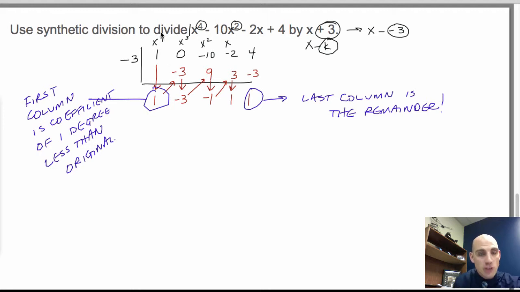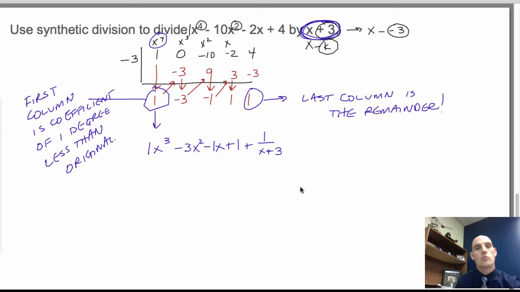So I started with an x to the fourth term, so this represents 1x to the third. Because my original started with an x to the fourth, my first column is 1x to the third, and then from there it just flows down. So 1x to the third minus 3x squared minus 1x plus 1 plus 1 over, and my divisor is x plus 3, so 1 over x plus 3.